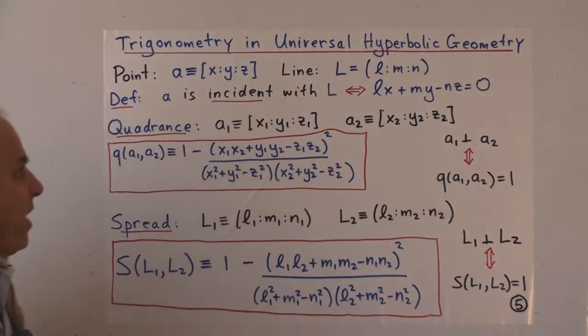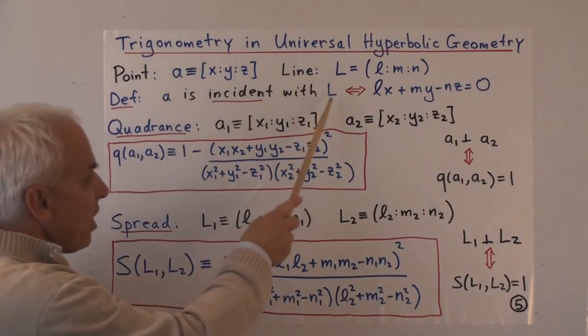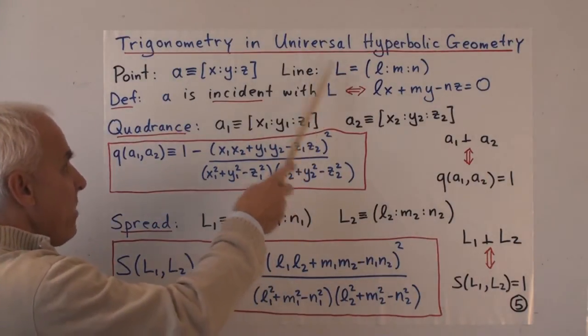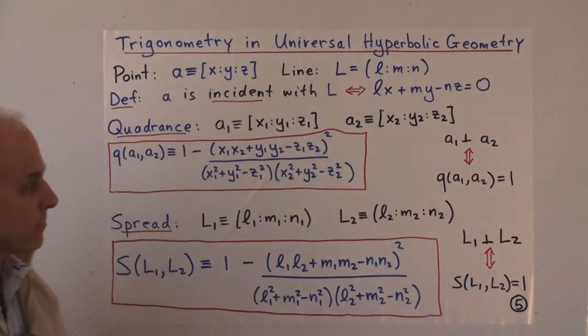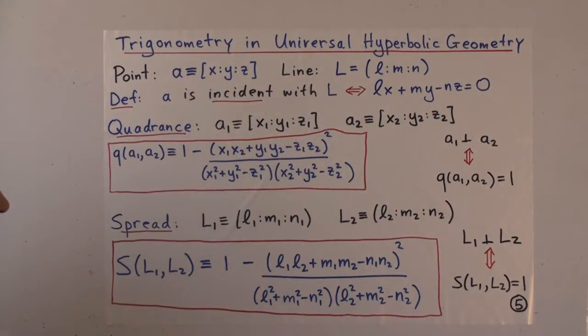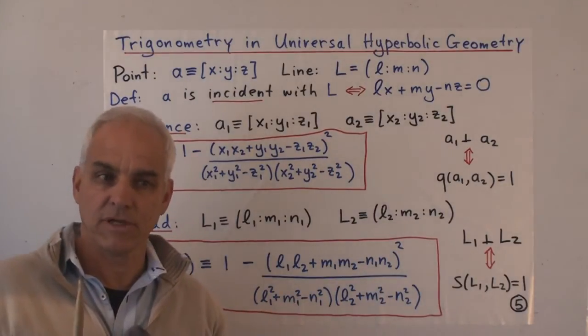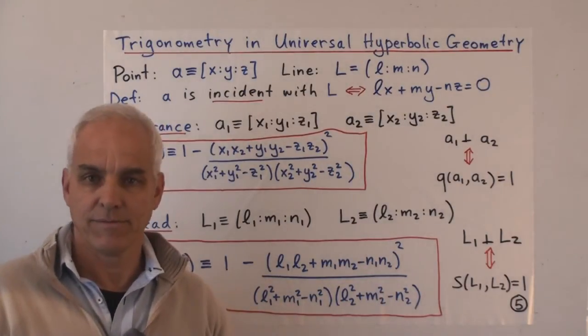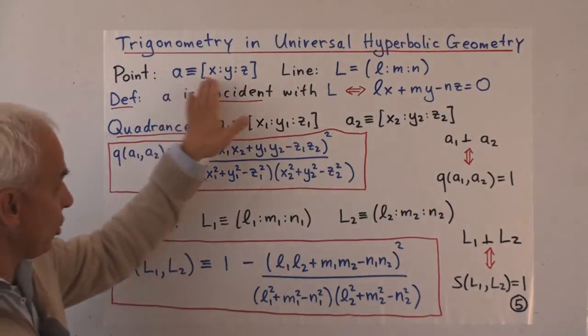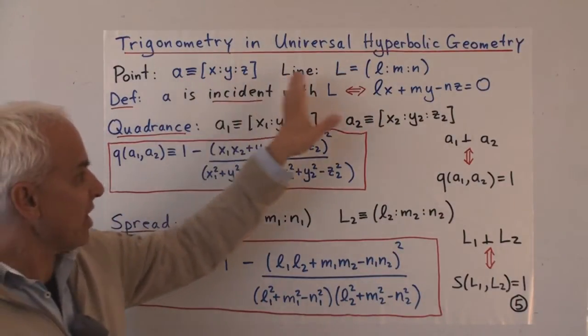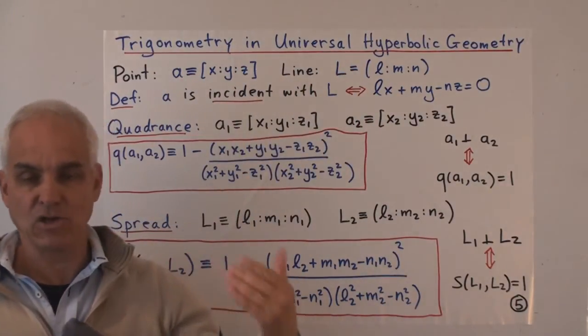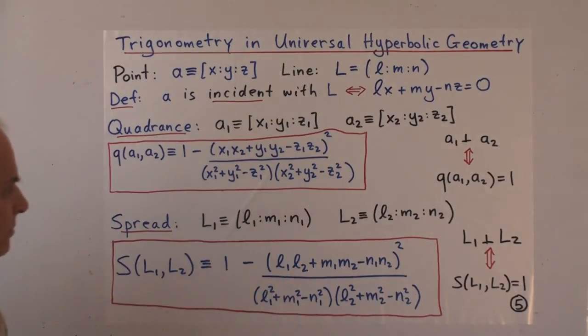That's our definition of when the point lies on the line or the line passes through the point. How we visualize points and lines is, in fact, a little bit irrelevant. The logic of the subject just resides with very simple algebraic realities.